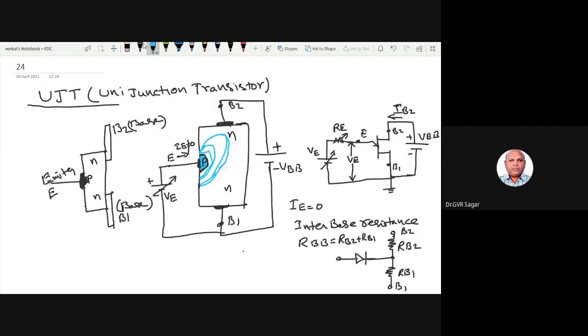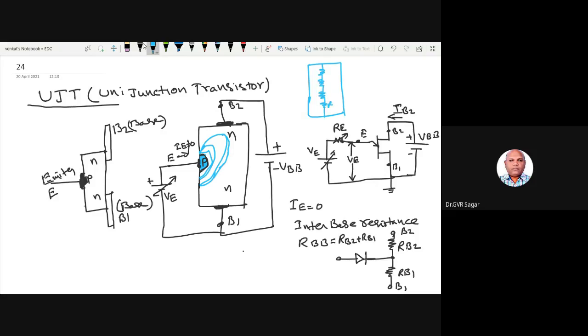So on forward bias, the barrier or depletion region spreads like this. Now when it spreads out, we have already seen this in the FET, correct? The entire bar is divided into a number of resistors, as we divided in the FET.